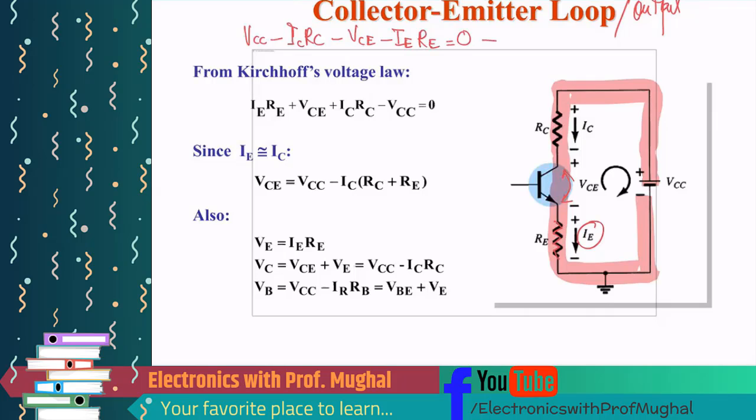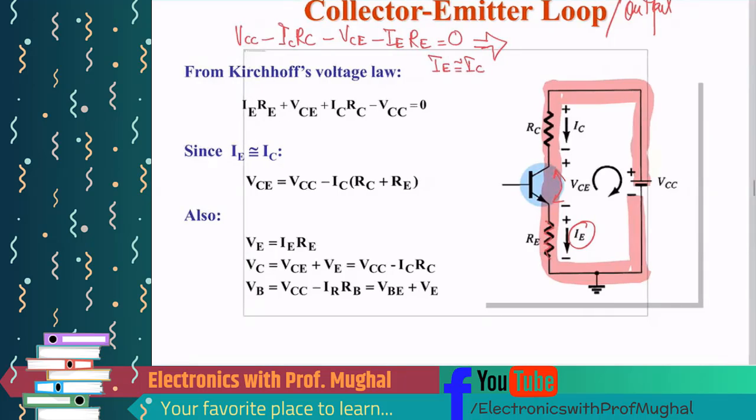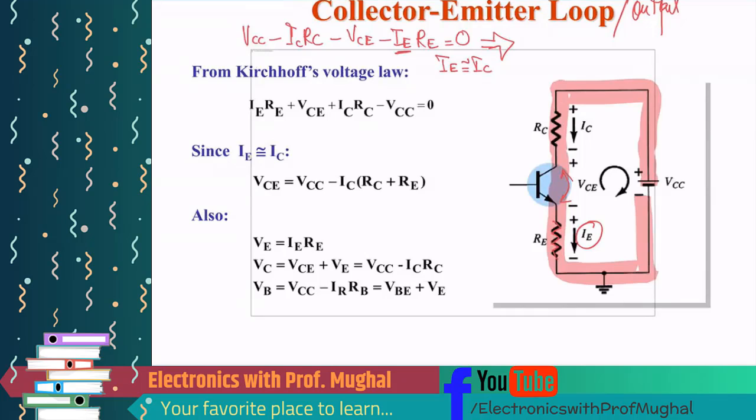In this equation, remember IE is approximately equal to IC, right? So I'm going to replace IE with IC in this equation. So VCC minus ICRC minus VCE minus ICRE equals 0.